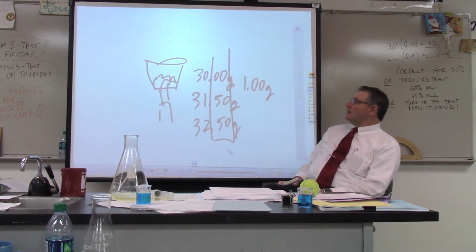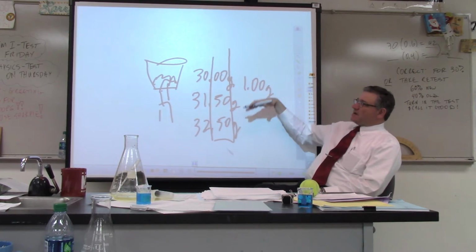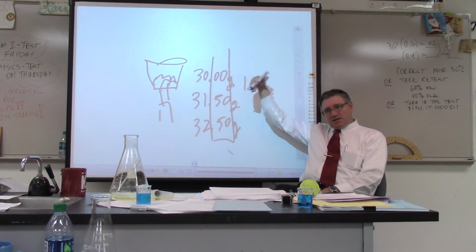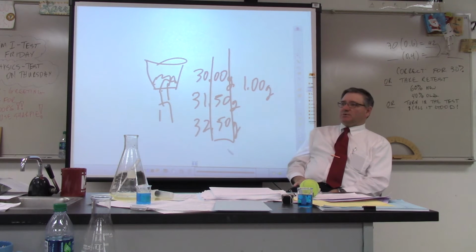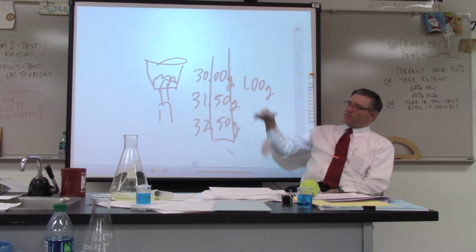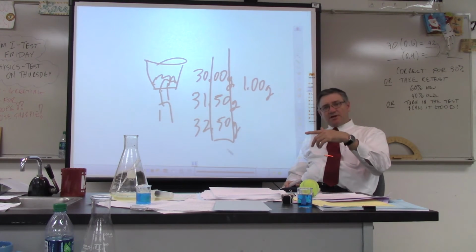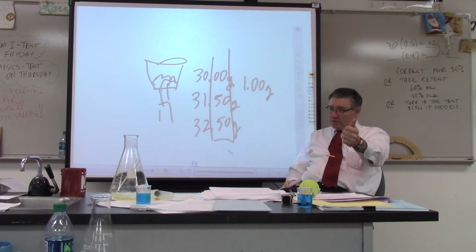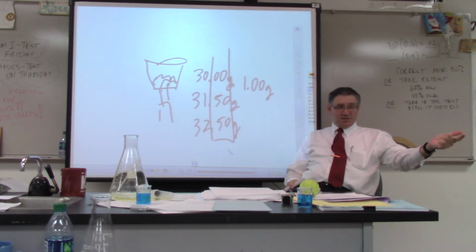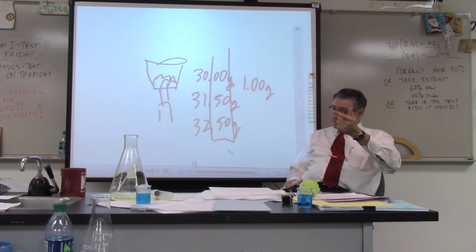So what would be the total mass of the substance in the crucible? 2.5. So this is the kind of data that you've got to go off of. You've got to be able to do empirical and molecular formulas either based upon real lab data or just off of percentages. You've got to be able to work off both.